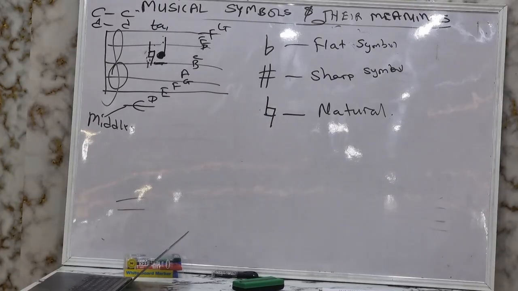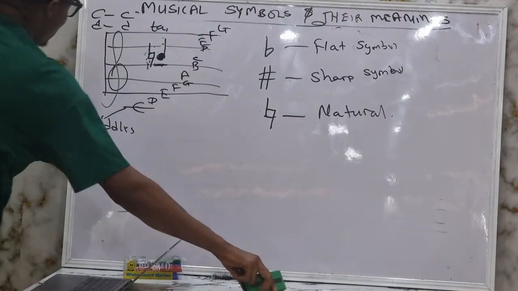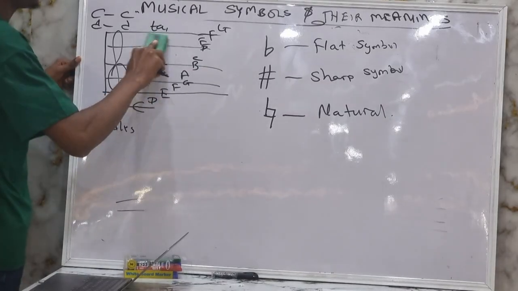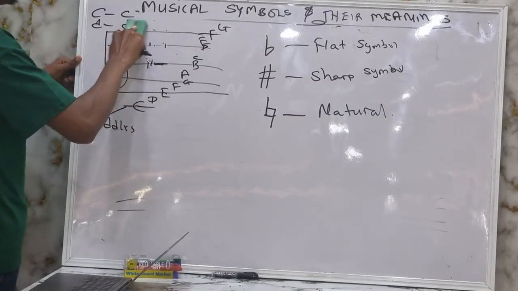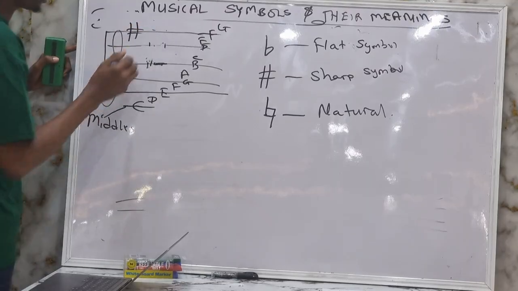If I do something on G, okay, that means I'm sharpening F. Okay, and that is why on the key of G, you have a sharp here.